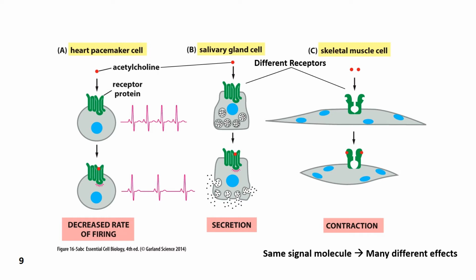In response to acetylcholine binding, then, these two different cell types are going to have different responses. Comparing the cardiac pacemaker cell and the salivary gland cell, we see that each of these cell types has the same type of acetylcholine receptor, that multi-pass transmembrane protein. However, different intracellular events can induce the different responses. We'll spend a lot of time talking about these different intracellular events next time.